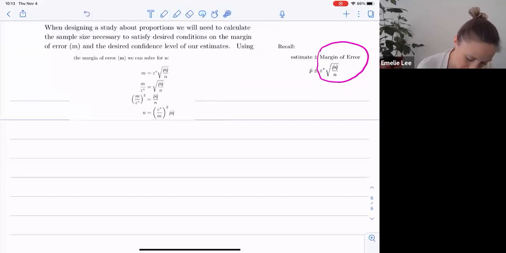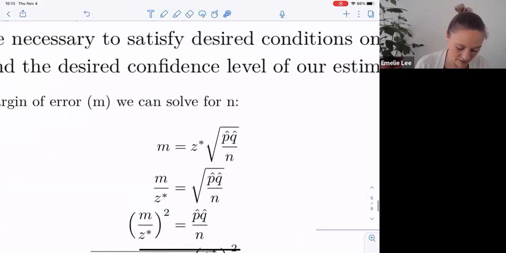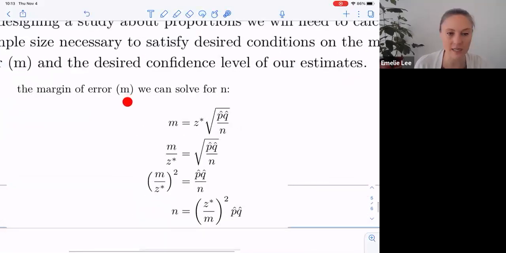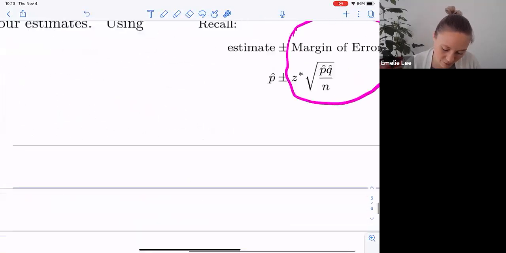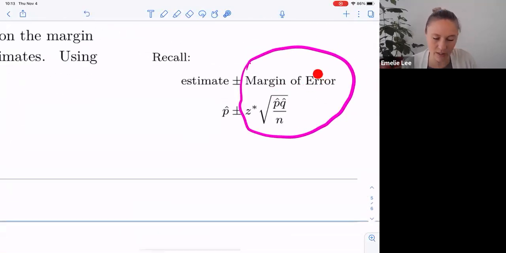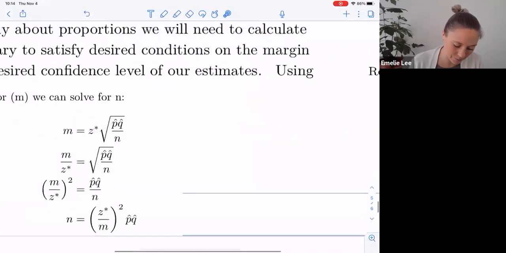Okay. So if we let the margin of error be denoted by a lowercase m, then we could rework this and solve for n, right? We set m equal to z star times the root of p hat q hat over n.